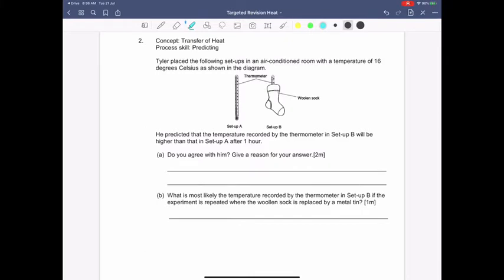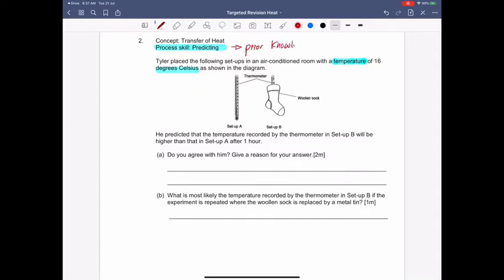Now, for this question, we see things like temperature, we see things like degrees Celsius. So this tells you that it is heat. And also, the process skill that we're looking at is predicting. When you have a question that is telling you to predict something, you need to fall back on your prior knowledge.